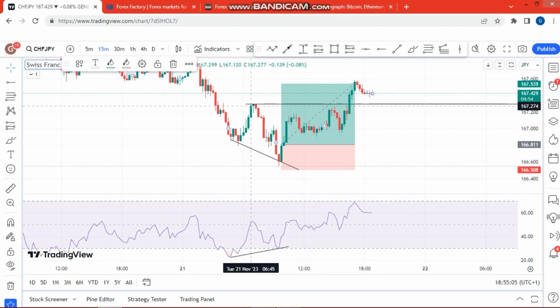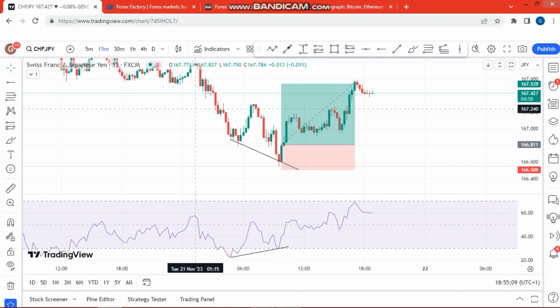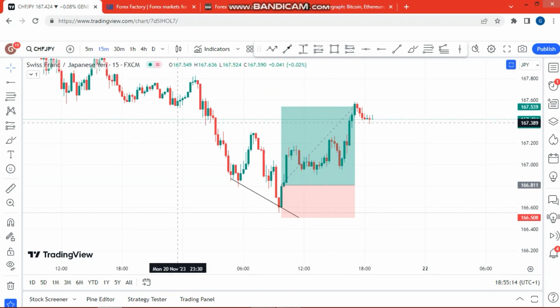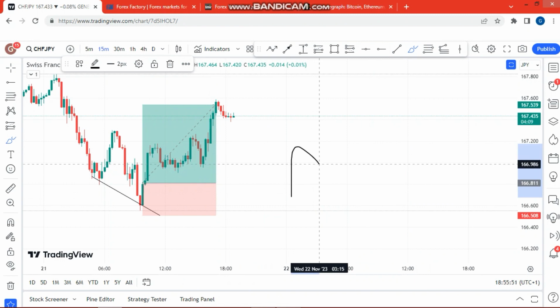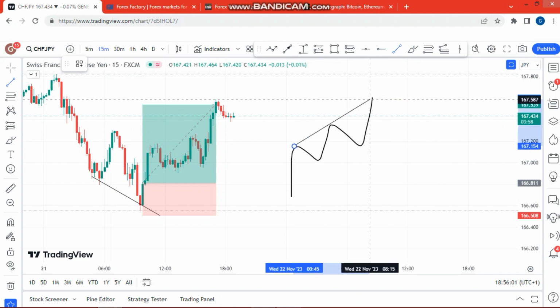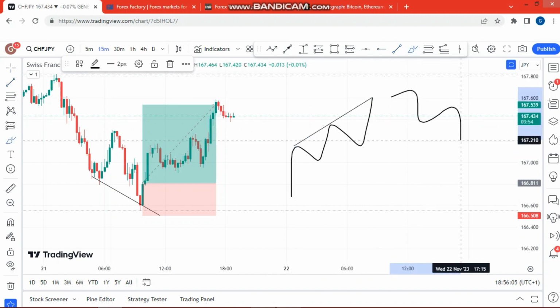So this is just the simple explanation of RSI divergence. And vice versa, if you see this on the sell side and you see a confirmed divergence, that means the candles are giving you this kind of a trend right there, and the RSI doing the opposite, coming to the downside.